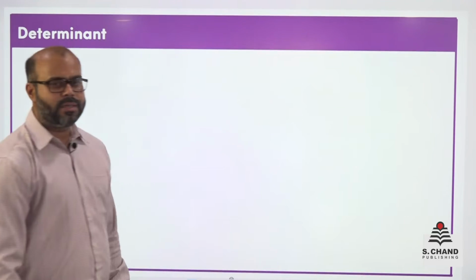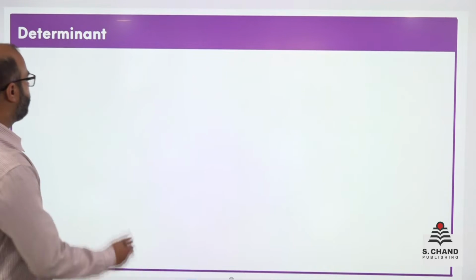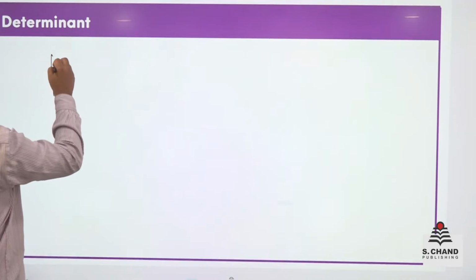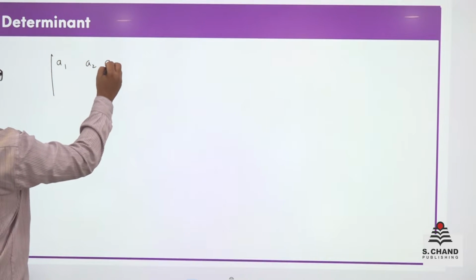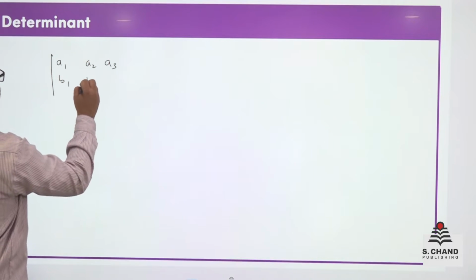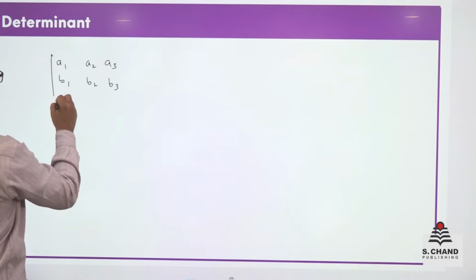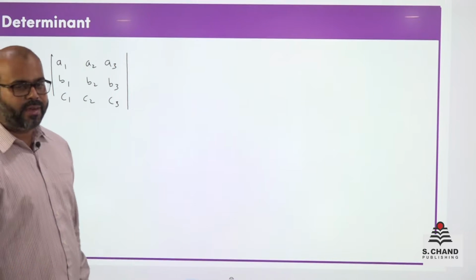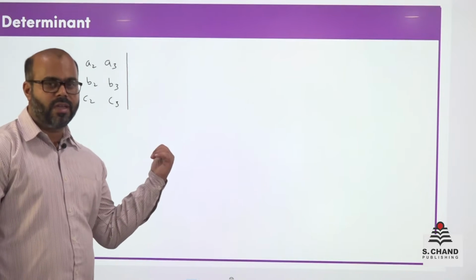Now what are the minors and cofactors of a determinant? So if I take A1, A2, A3, B1, B2, B3, C1, C2, C3 like this, a simpler way of taking a determinant than we took earlier.